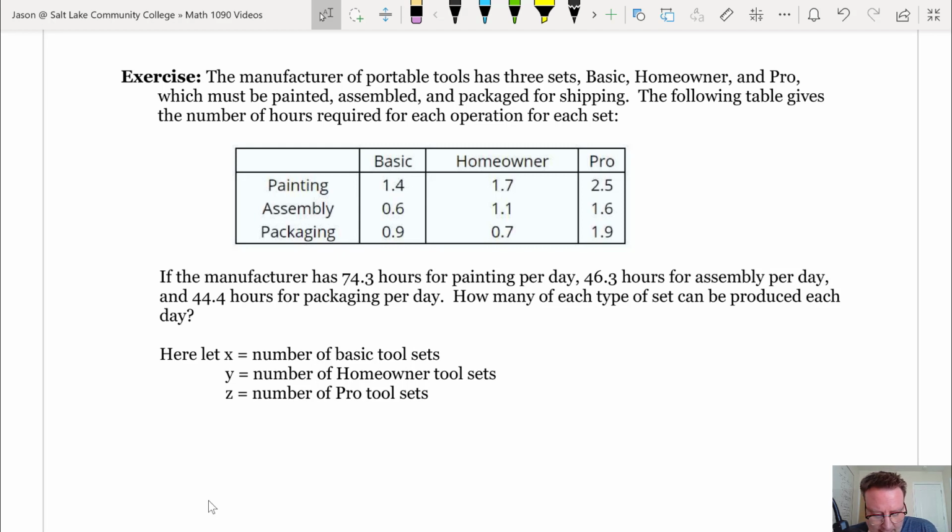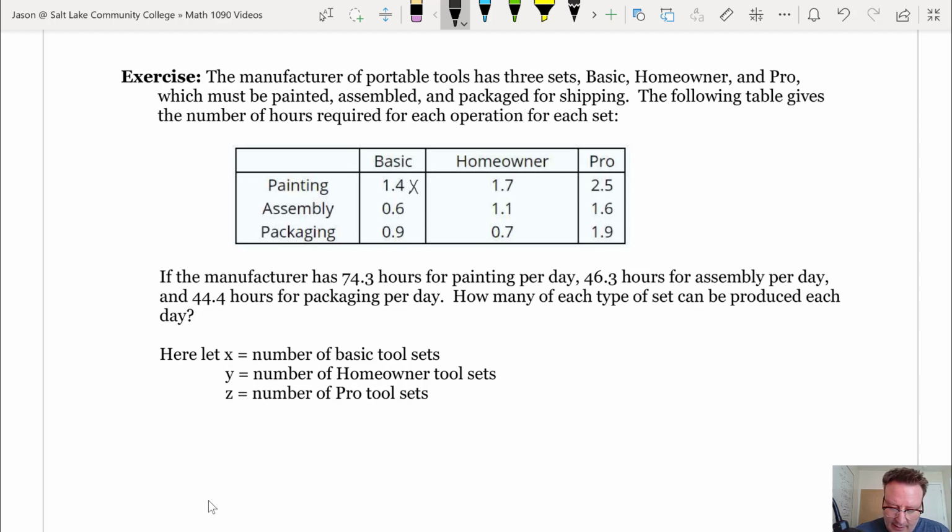So the basic idea here is, if I multiply 1.4 times x, that's going to give me the number of hours I need to paint the basic tool sets.